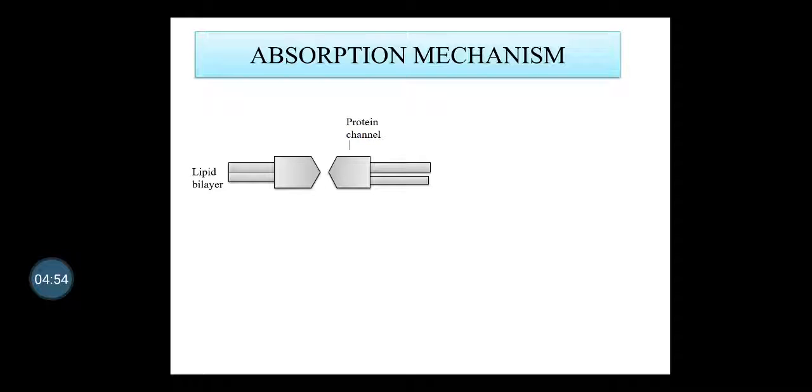Let's see the absorption mechanism. Here is the animated absorption mechanism. In the video, there is a barrier, a lipid bilayer membrane or protein channel, where passive transport or simple diffusion occurs, in which drug molecules or non-ionic substances diffuse through the lipid membrane without involvement of energy.